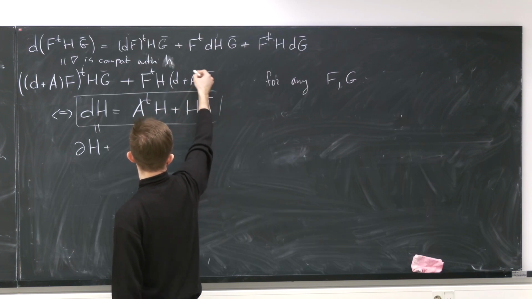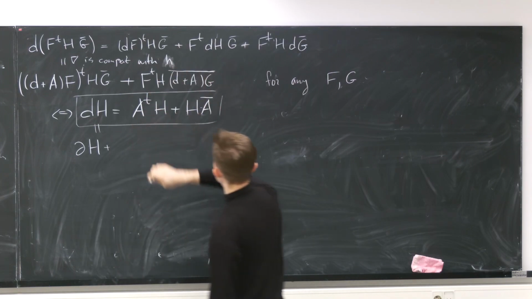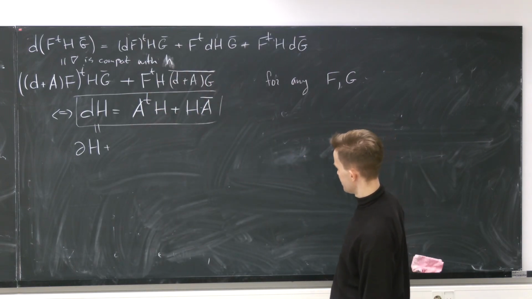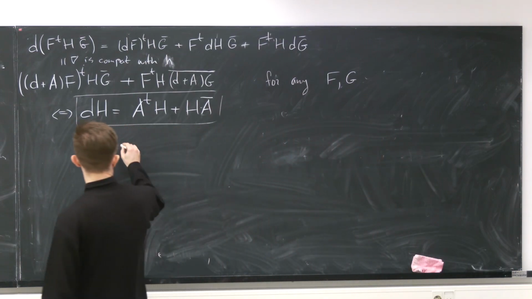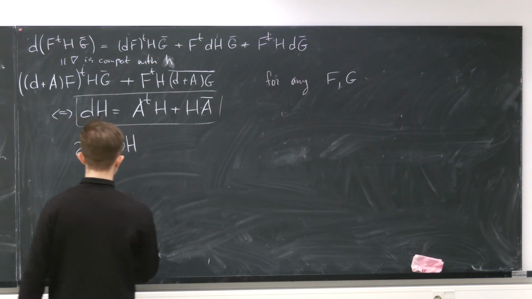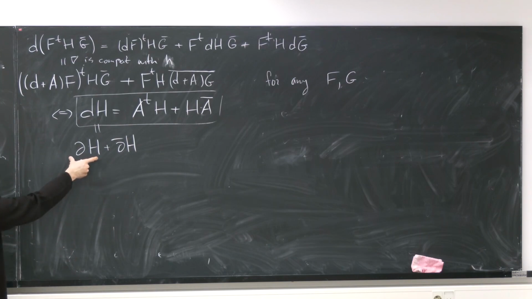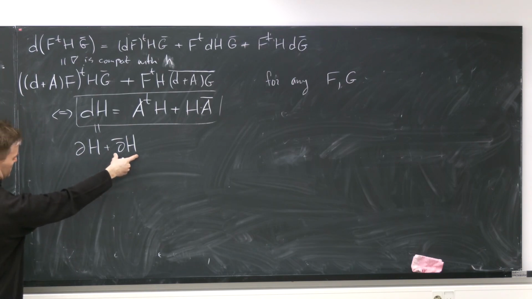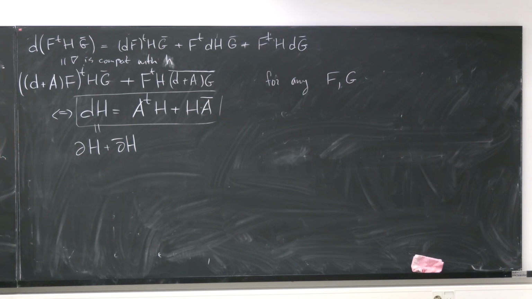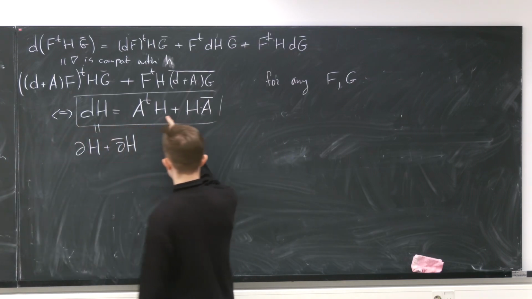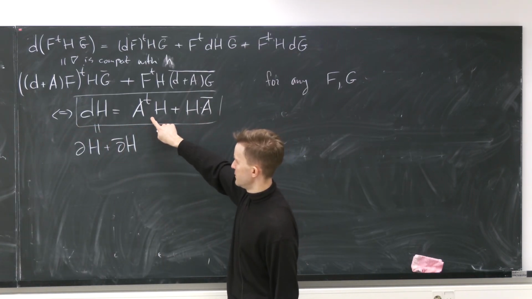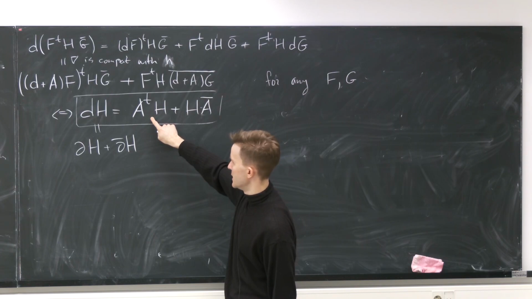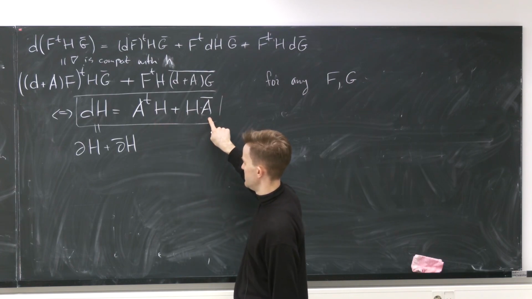So complex conjugation should be here. So this is a matrix of (1,0) forms, and this is a matrix of (0,1) forms. And on the other hand, this first summand is of type (1,0), the second summand is of type (0,1).